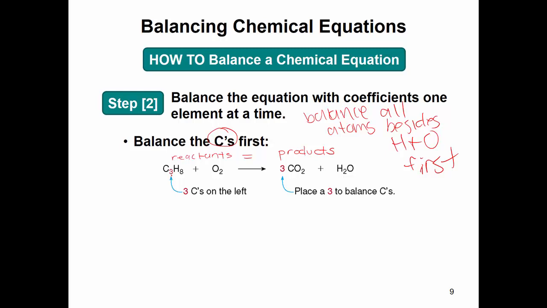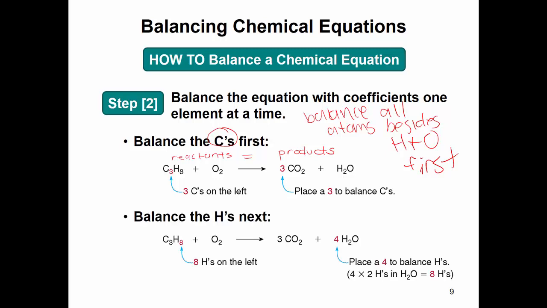All right, so we've got 3 carbons on the left. In order for us to have 3 on the right, we have to put a coefficient out front. Once you balance all the atoms besides hydrogen and oxygen, and here that's all we had was carbon because everything else is hydrogen and oxygen, then you balance hydrogens next and then oxygen.